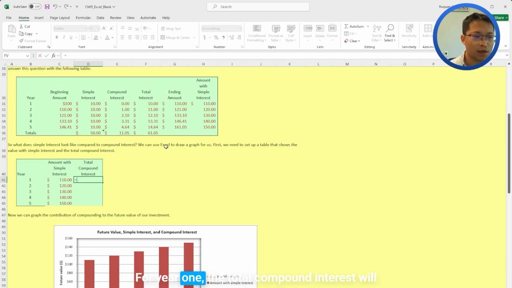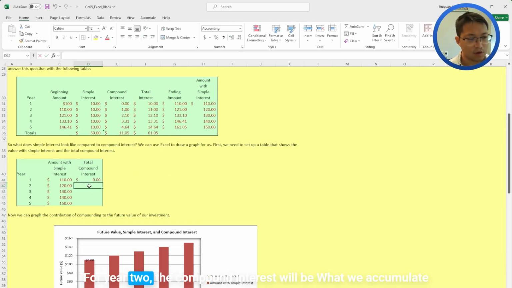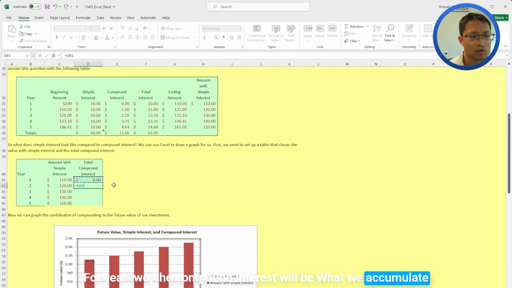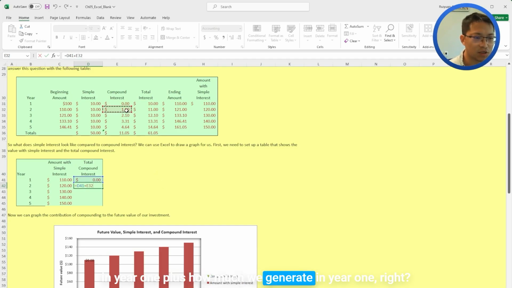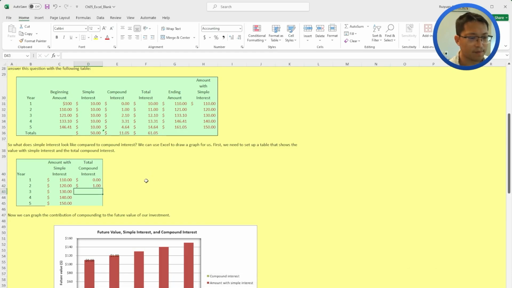For year one, the total compound interest will be simply zero, which means there's no compound interest yet. For year two, the compound interest will be what we accumulate in year one plus how much we generate in year one, right? So we're going to accumulate the compound interest like this.